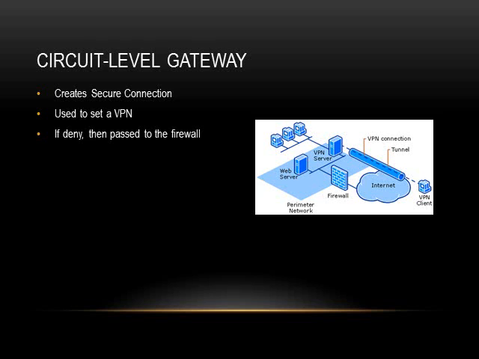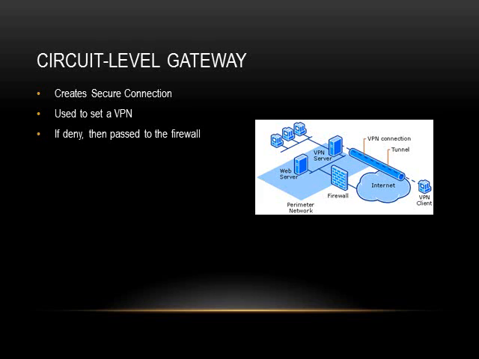So what happens is, let's say the destination wanted to send us information and it was trusted. It would send it across the tunnel, encrypted. Their circuit level gateway will verify that it is going to our circuit level gateway, or trusted gateway. It will be sent over, encrypted, over the tunnel, received by our circuit level gateway.